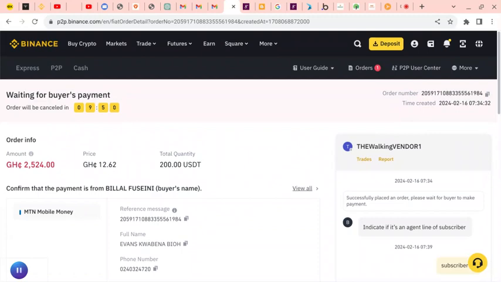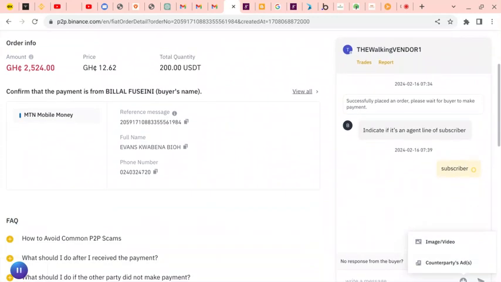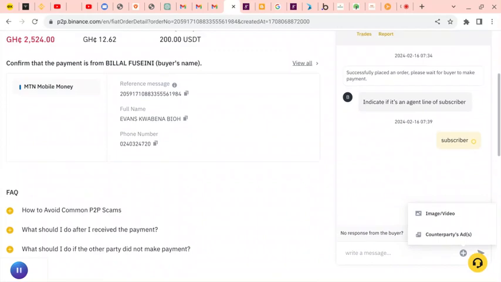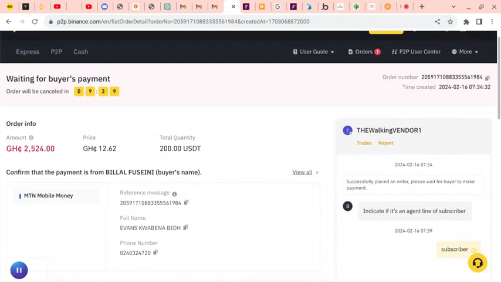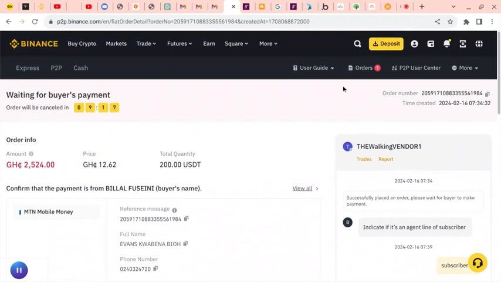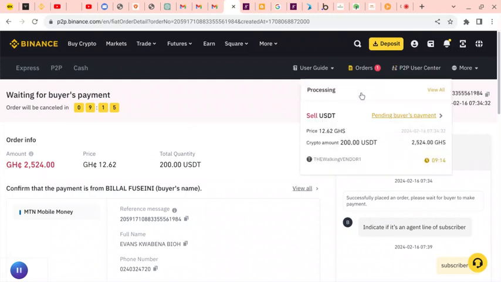I wanted to show you everything, but it seems he's not online, and I can't even find the cancel button to cancel the trade. I don't know whether I should jump in with another one or we should wait. This one we have to wait.